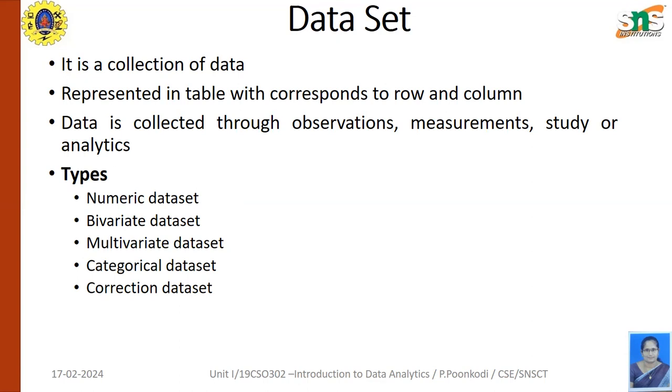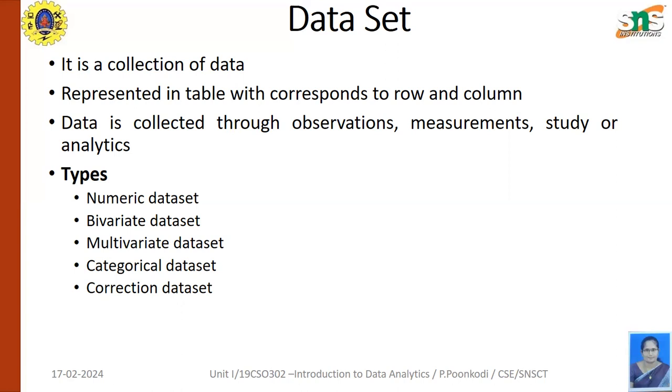Then the bivariate data set consists of two variables and deals with the relationship between them. Multivariate means that if we are going with more than two variables, then it belongs to a multivariate data set. For example, the length, height, weight, and volume of a particular box.